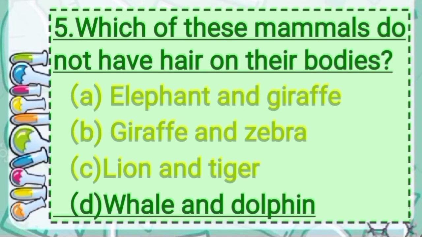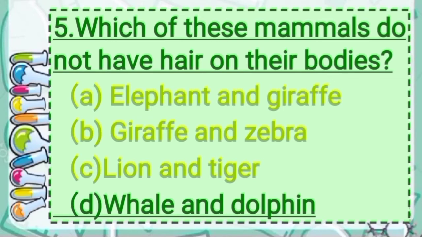Answer is whale and dolphin. So as you know, whale and dolphin are mammals which are found in water, but they do not have hair on their body.